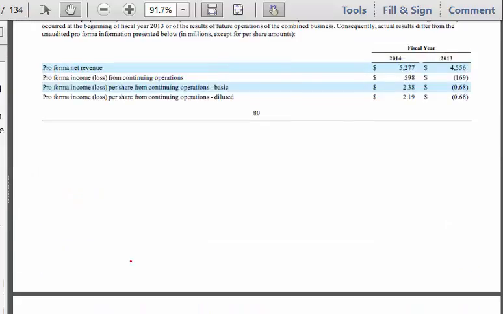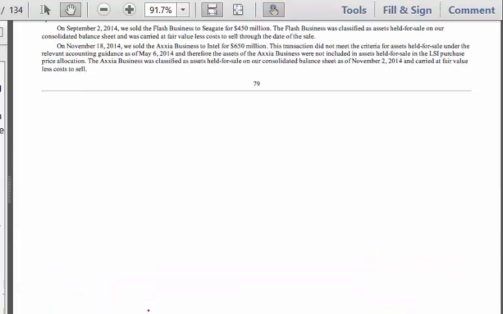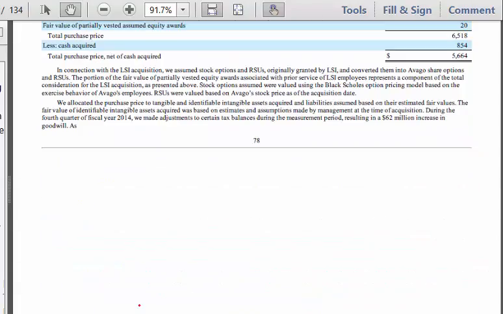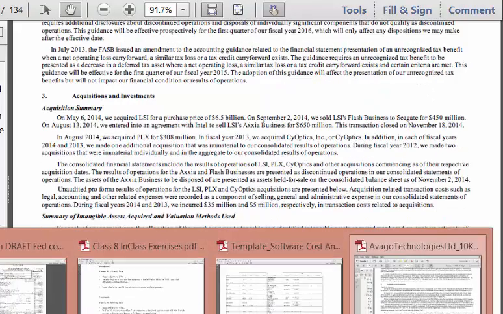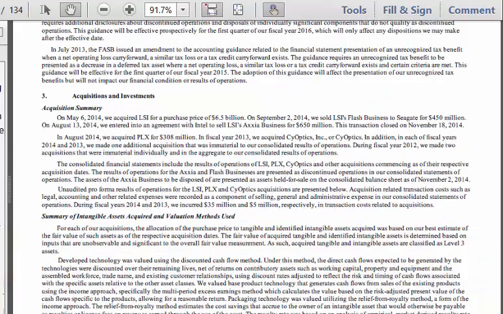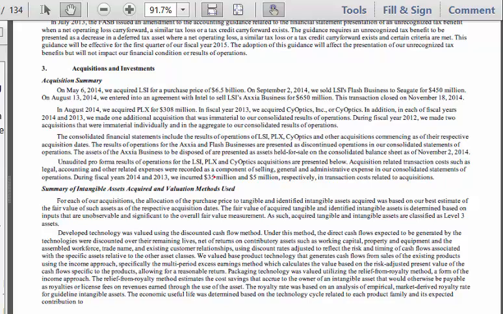Okay. So here, I'm not going to the tax footnote. There should be a footnote here that deals with acquisitions and investments. Okay? So they have a lot of deal activity.